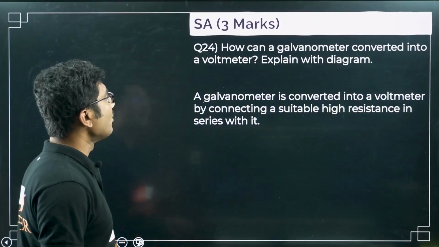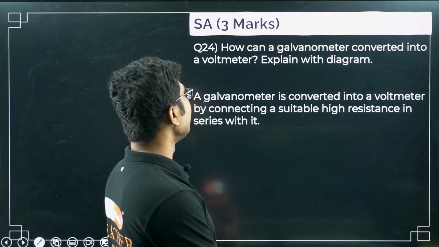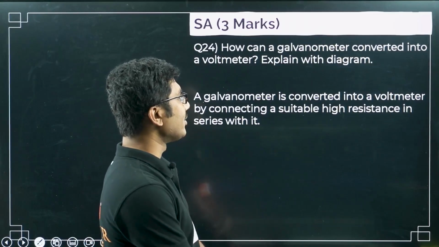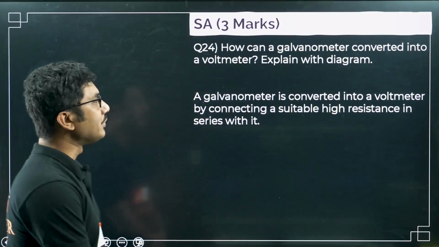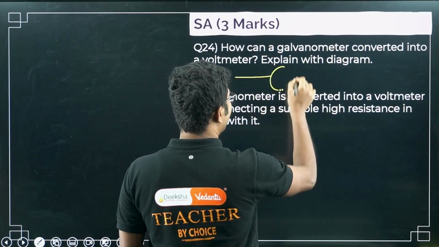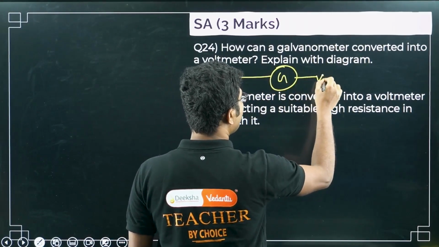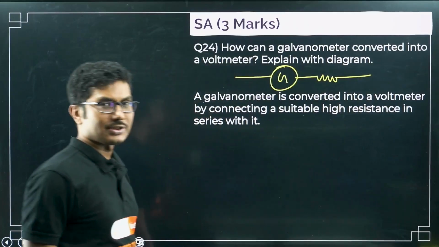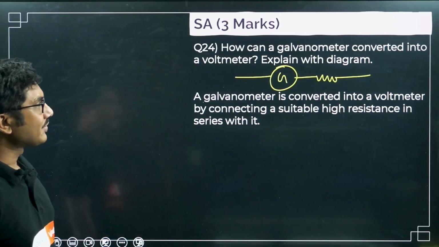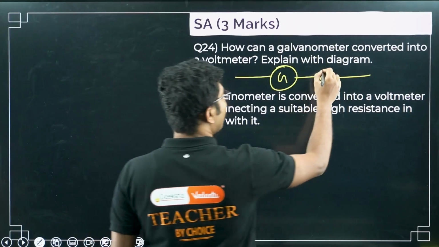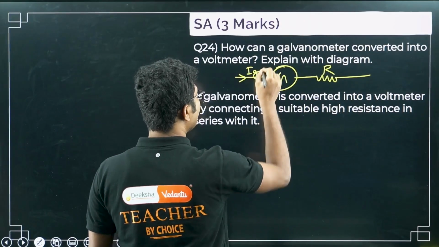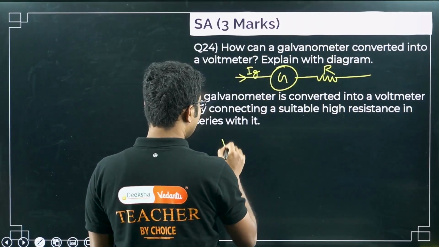Now how can a galvanometer be converted into a voltmeter? Explain with diagram. A galvanometer is converted into a voltmeter by connecting a suitable high resistance in series with it. This is one of the most commonly asked questions from this chapter. Now what you have to do, suppose the galvanometer current is Ig, then V equals (G plus R) times Ig.